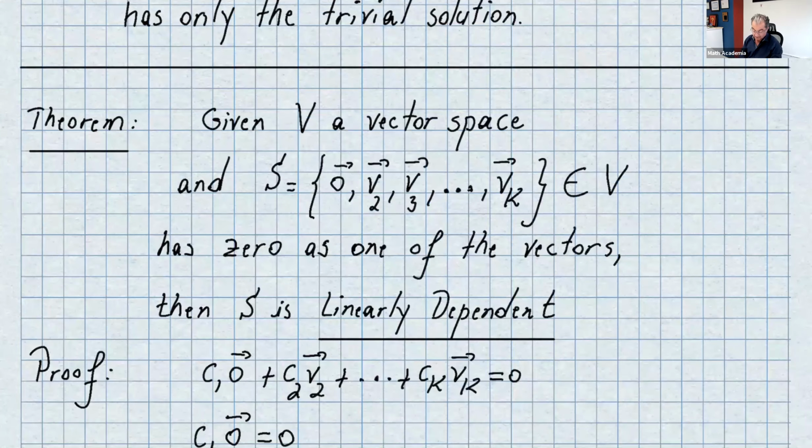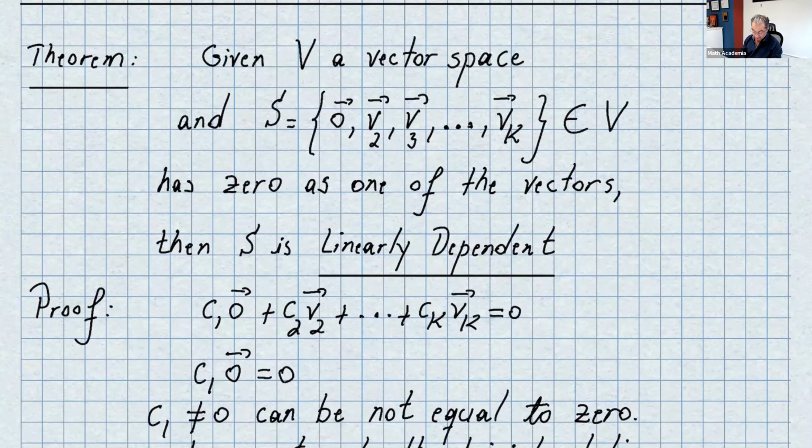Next theorem, given a vector space V, same way. We have a set of vectors, and it does have the 0 vector in there. So that's in V. So one of the vectors is the 0 vector, and that set is going to be linearly dependent. Proof of that: if we write the vector equation again, or the homogeneous system, you get C1 times 0 plus C2 times V2 and so on equals 0.